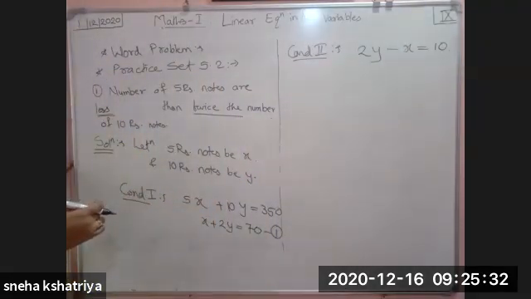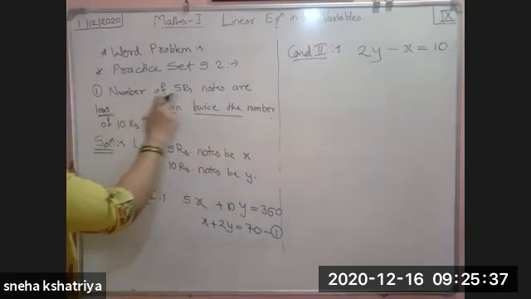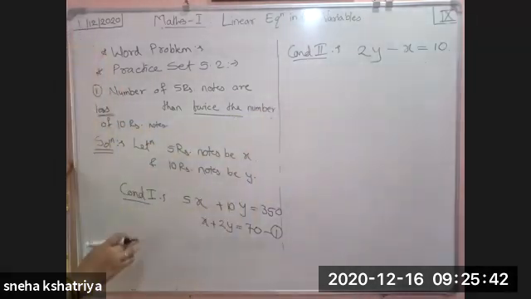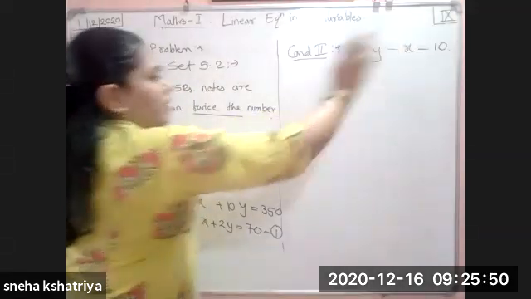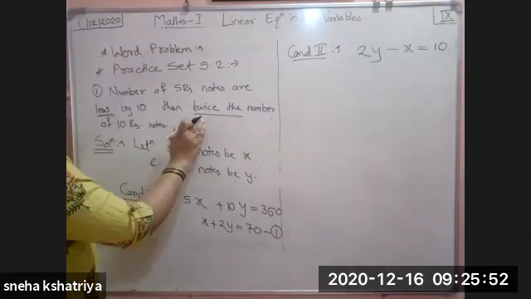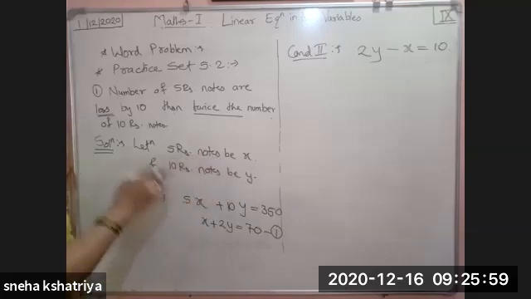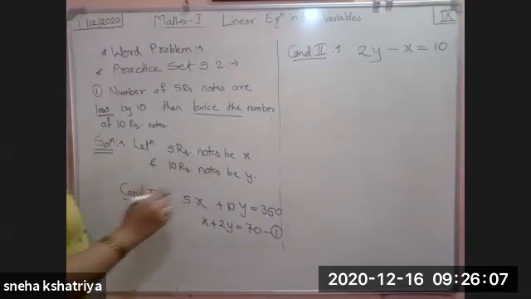X. Okay, so simple it will come, twice the number of 10 rupees notes is less than 5 rupees notes. So we directly get 2y minus x is equal to, here what was written, less by 10. So that 10 will come on the right side. Meaning if we take twice the 10 rupees notes and subtract x, the 5 rupees notes, from it, the difference is how much? It is 10.